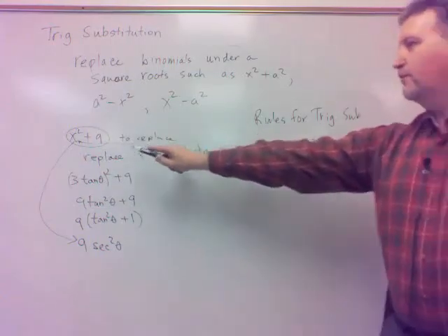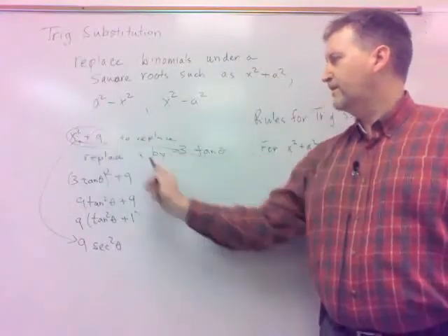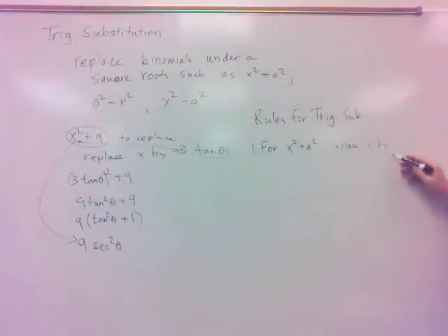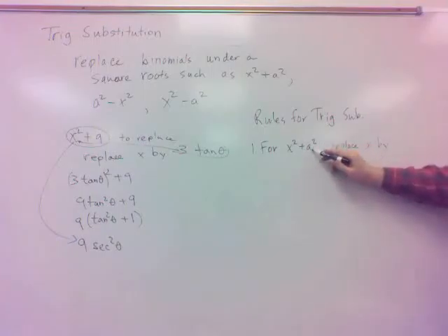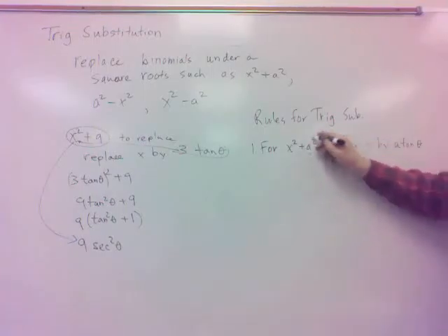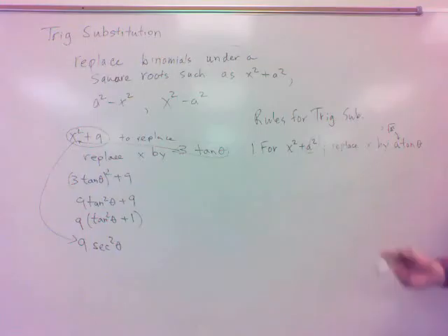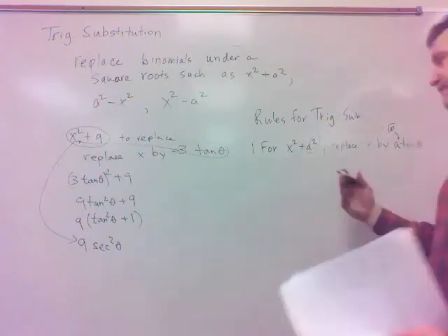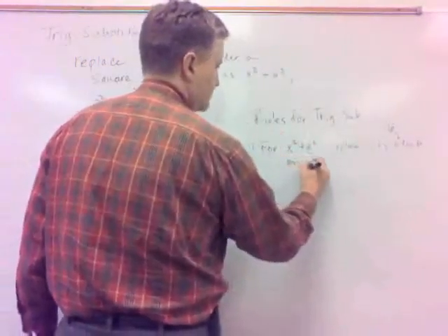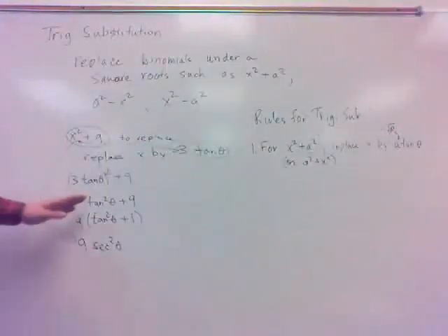In this case I went with 3 tan theta because I was squaring it. So what do I want here x replaced by? Wouldn't it be a tan theta? In other words, the square root of that goes in front. But if it's x squared plus a squared, a tan theta. Now, I could turn that around, it would just be the same. If it's a squared plus x squared, please note you do the same thing, because that's still going to give you 1 plus tangent squared, which gives you still secant squared.